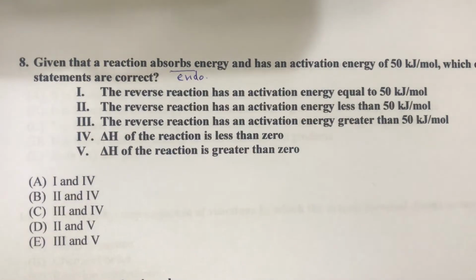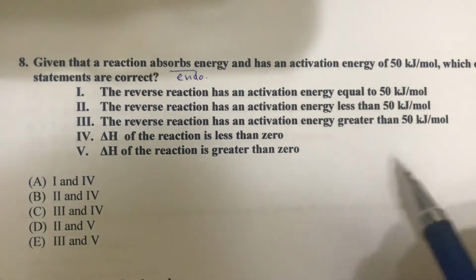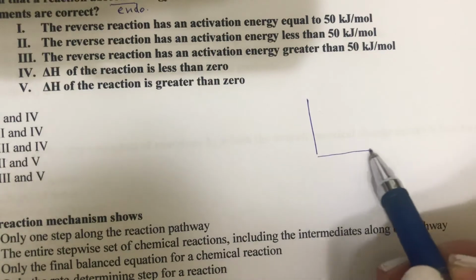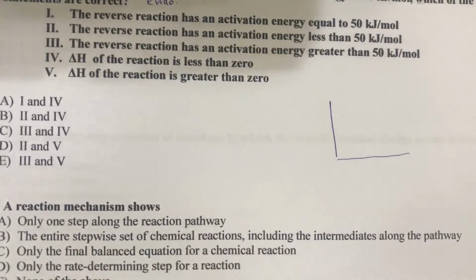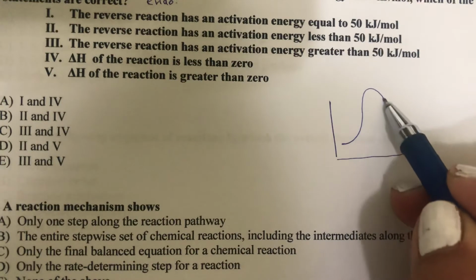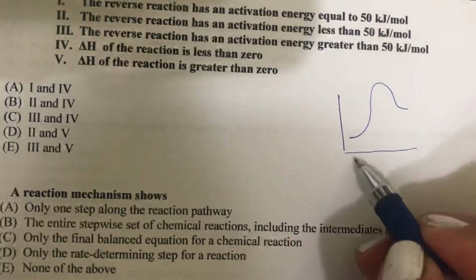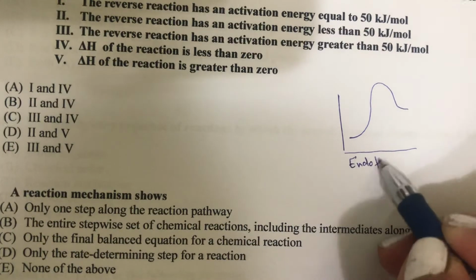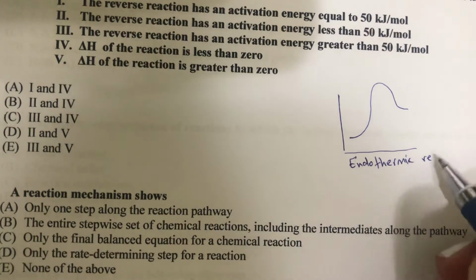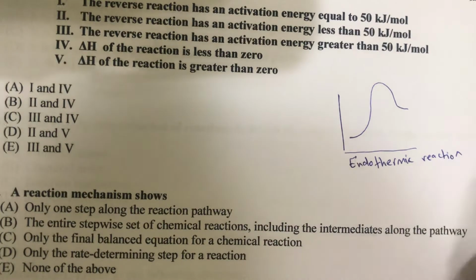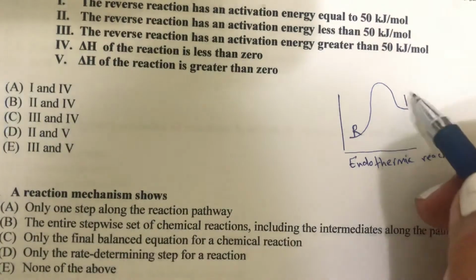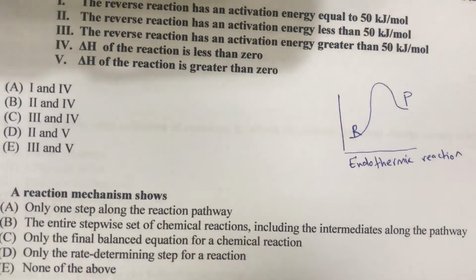And in endothermic reactions, the energy of reactant is less than the energy of product. Here, the energy diagram for endothermic reaction. Here the reactants and here products.